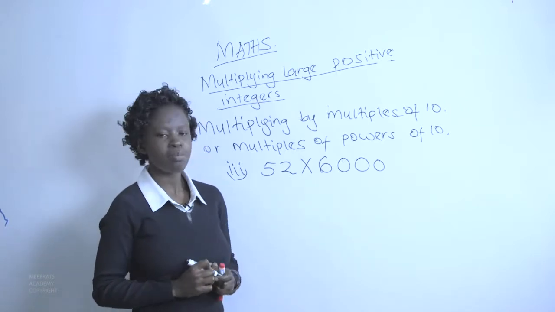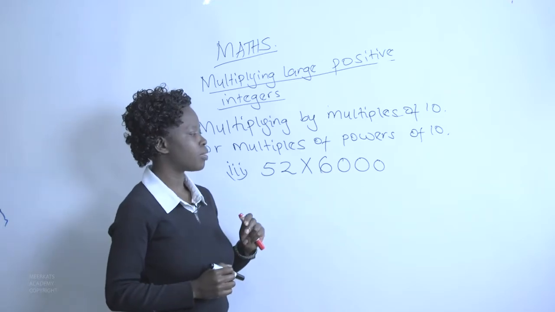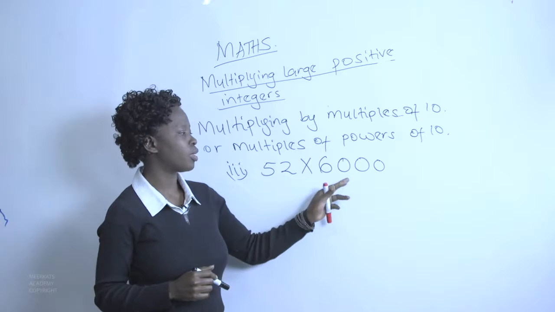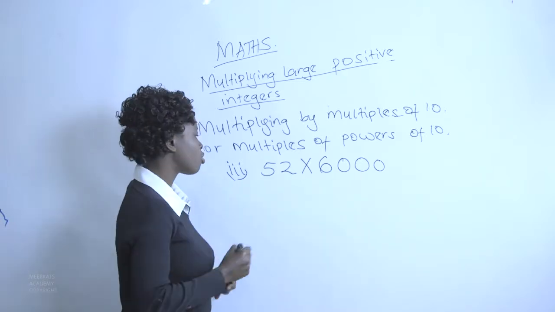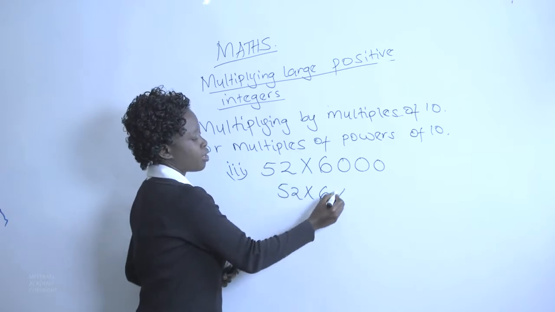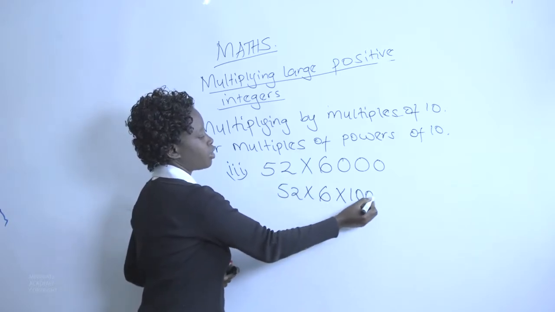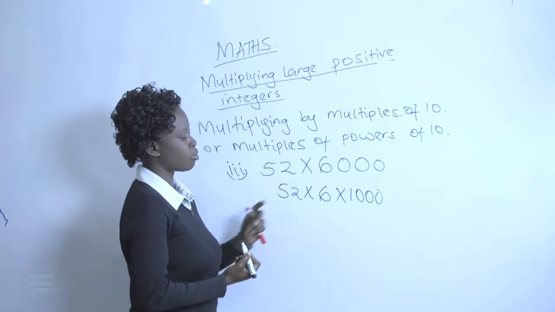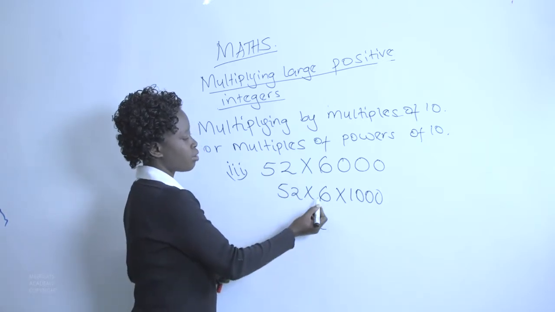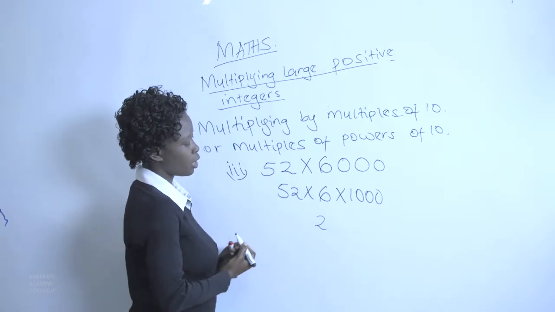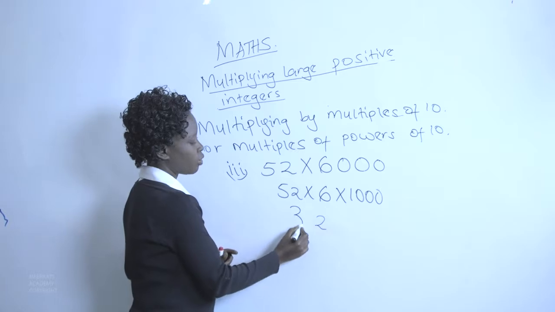So we start by multiplying by the number before the zeros, then add on the number of zeros to the answer. So we have 52 multiplied by 6, then we multiply the answer by 1,000. 2 times 6 is 12, then 6 times 5 is 30, plus the carried 1 gives 31.